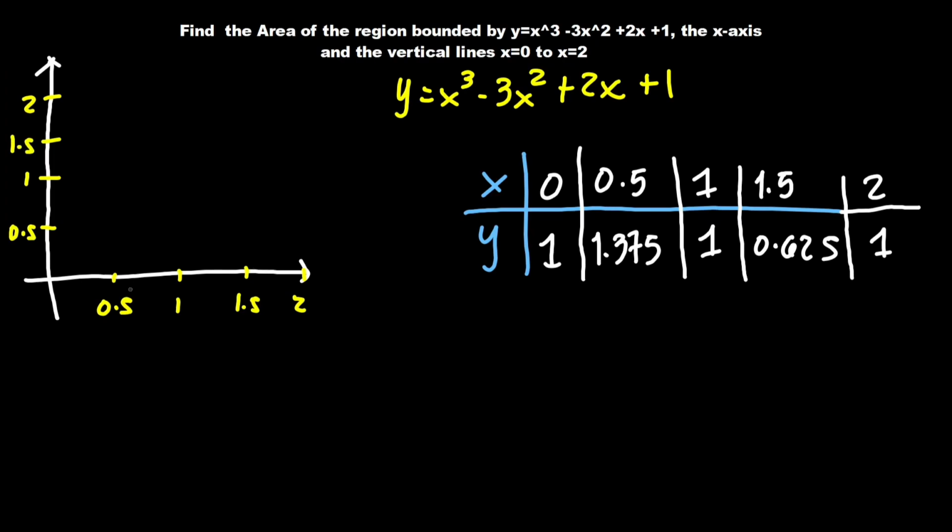And so x 0, y would be 1, 0.5, and y here would be 1.375. Let's just estimate this as something like this. x 1 and 1, 1.5 and 0.625, 2 and 1.